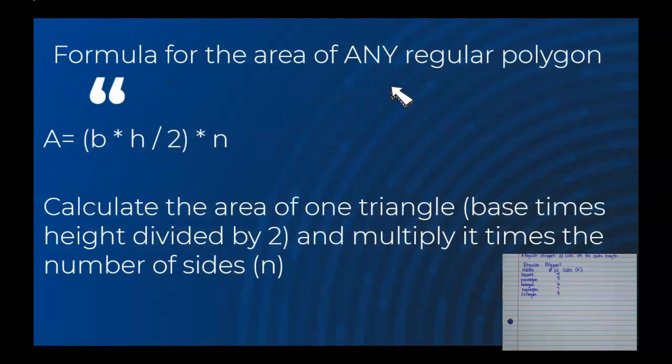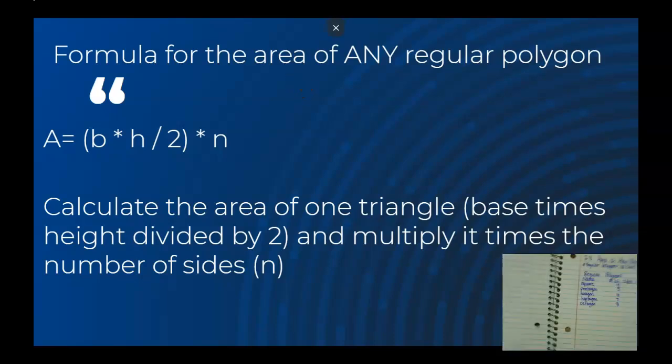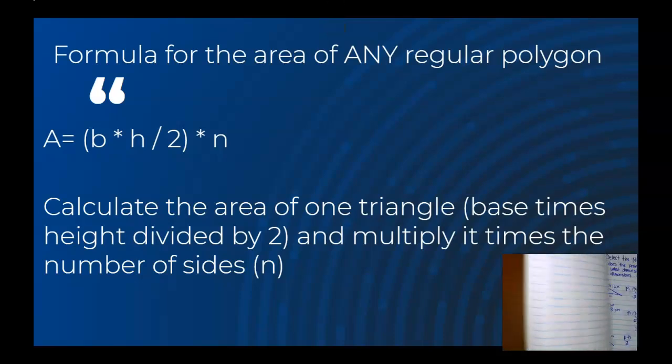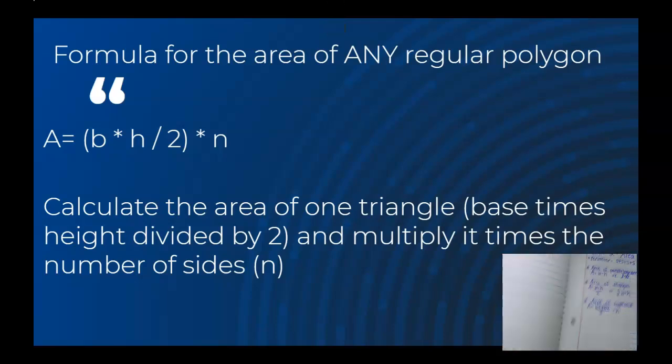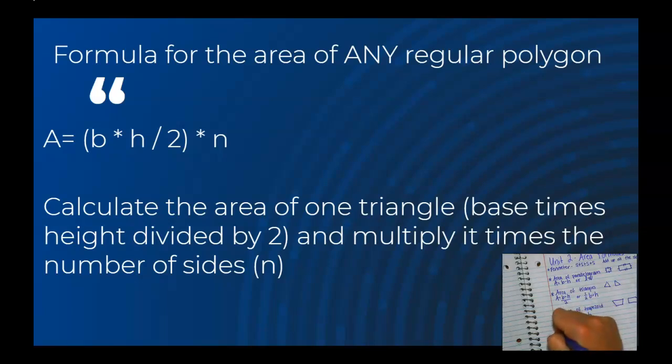So the formula for the area of any regular polygon. We need to go back to the beginning of the chapter to our formulas page. So any regular polygon, area of any regular polygon.